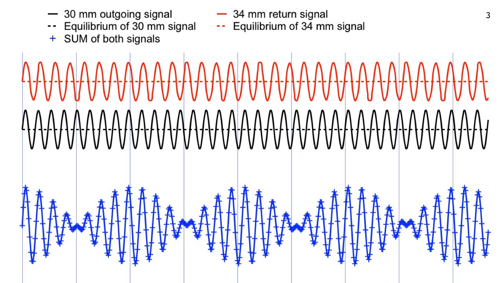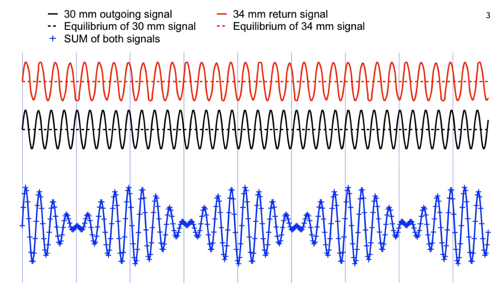So the black curve in the middle, we're going to say that it's got a wavelength of about 30 millimeters. And that's the outgoing signal. And then the red signal on top, sorry the color's not very good on the screen, this red signal up on top is the return signal.